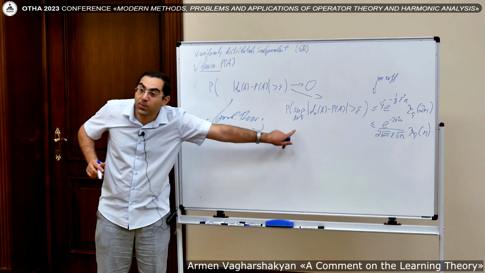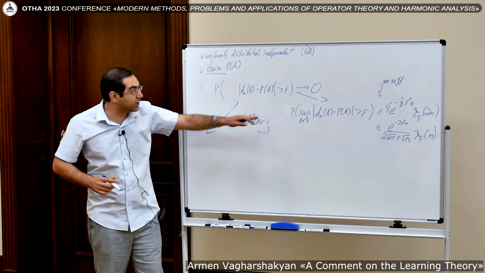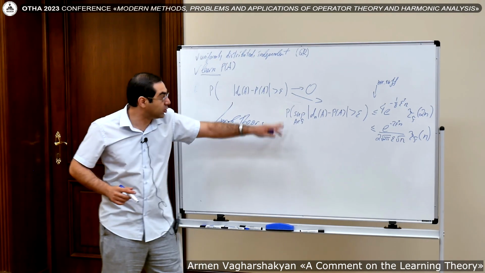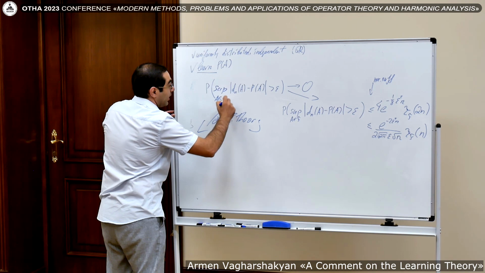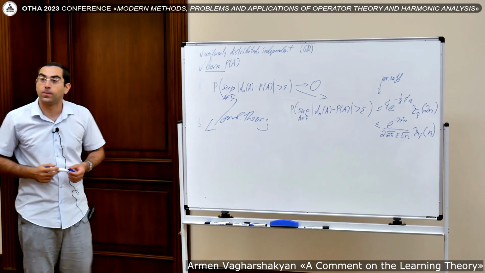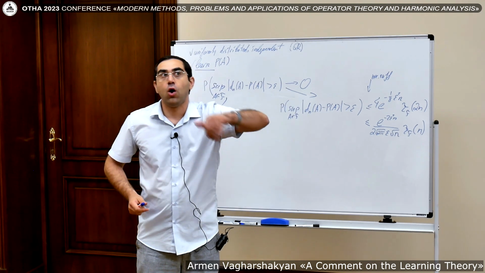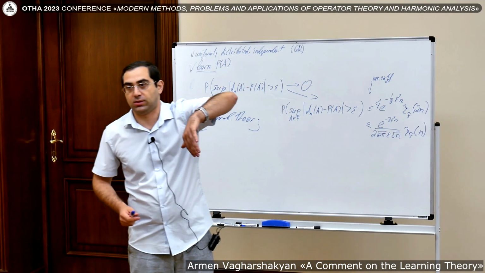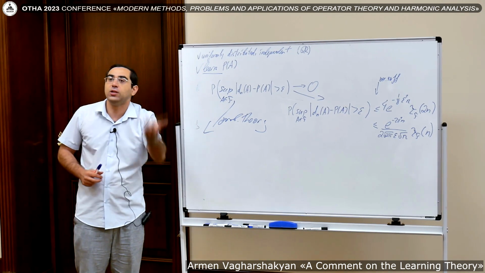We have a family of sets, and you want to guarantee that this convergence to 0, so I write supremum over A in the family, is uniform. I mean, if the family F is finite, it's uniform. Could there be families which are infinite and for which this convergence is still uniform?